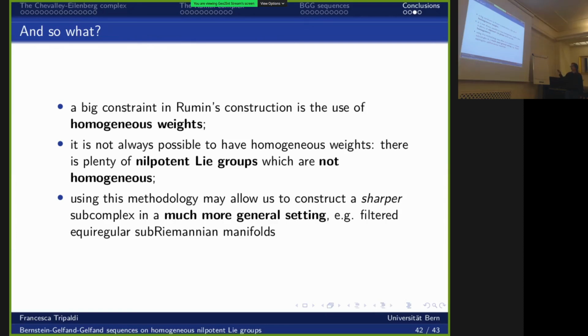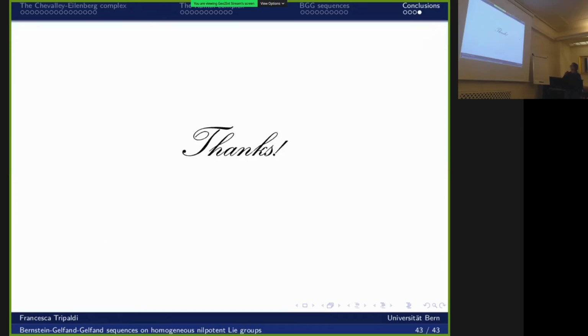So you would like a sharper subcomplex. When you consider the Rumin construction, this is limited to using homogeneous weights. However, the other construction, the BGG construction, is not limited to that. So it is more open to be applied to a more general setting. Yeah, thank you.